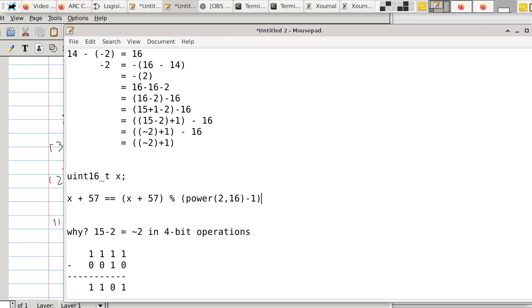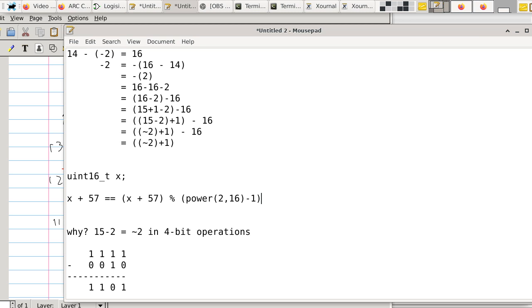But what you need to do is to think about it. What if x is already the largest possible value that you can represent using 16 bits? Think about that situation. If you just add 1 to x in that case, x is already the largest value you can represent as an unsigned integer. What happens when you add 1 to it? It becomes 0, right?